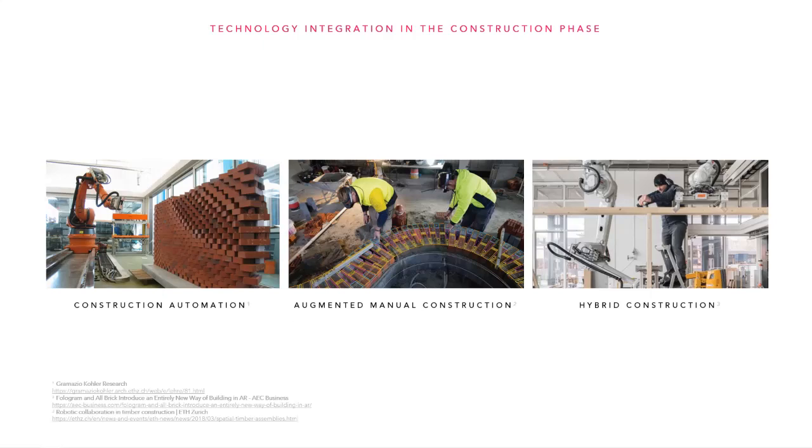This project is from ETH Zurich and highly depends on the implementation of augmented reality in construction scenarios. The third project is from ETH Zurich, which is a hybrid scenario where the human selectively jumps in the process of tasks that the robot is not programmed to do.